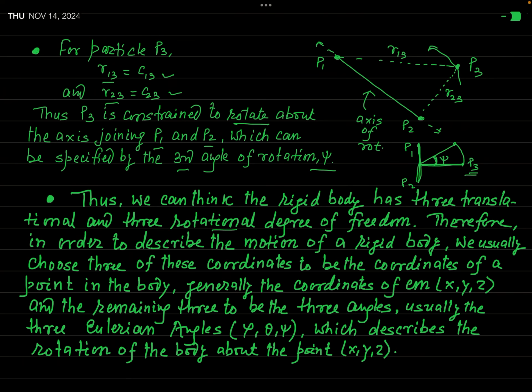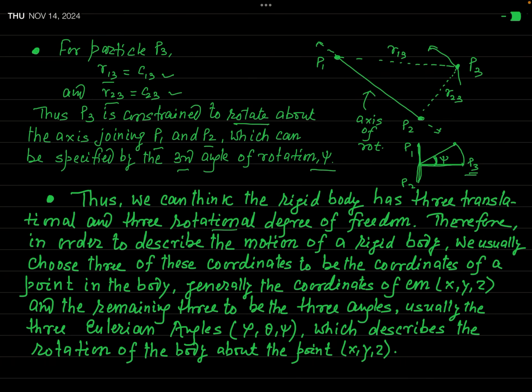And x, y, z are the position coordinates, which describe the translational motion. So you can say that in the case of a rigid body, there are three translational degrees of freedom and three rotational degrees of freedom. Okay, and in total there are 6 degrees of freedom.